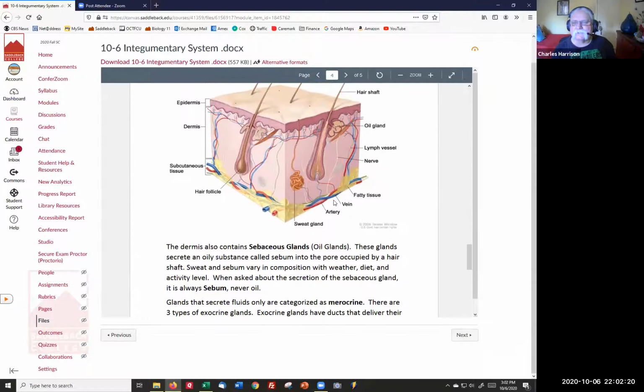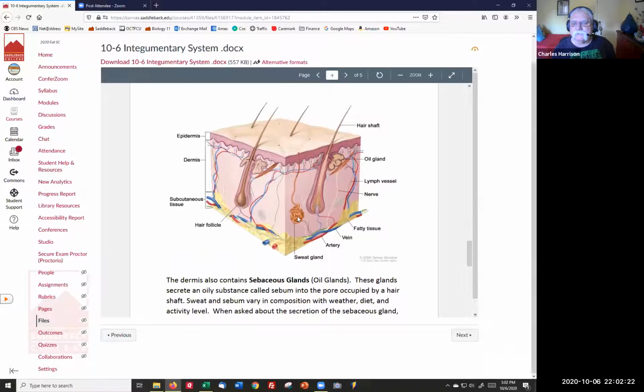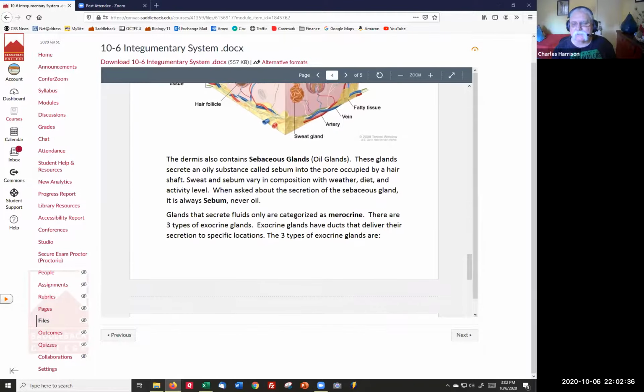What secretes a fluid? The sweat gland, sudoriferous gland, secretes fluid only. Just fluid. If you look at it under the microscope, it's a fluid. I don't care what color it is, but just the fluid. This is a merocrine gland.